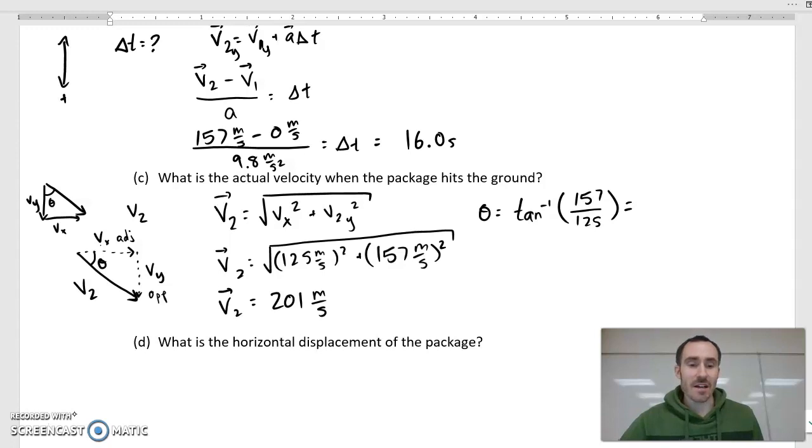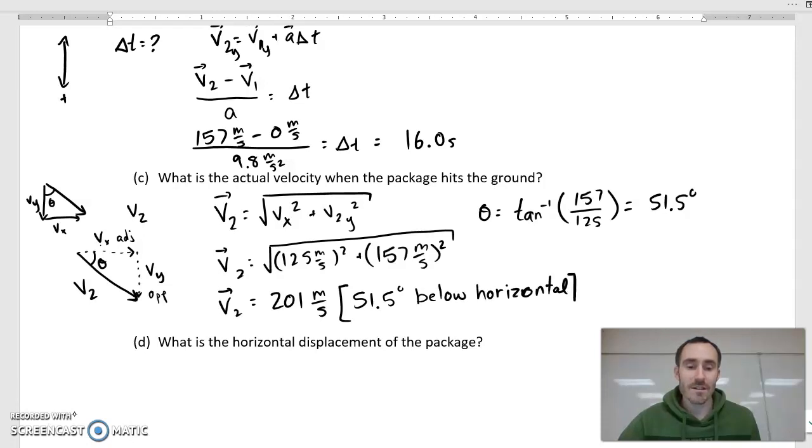And that gets me an angle of 51.5 degrees. And so my direction that I'm going to give here is 51.5 degrees below horizontal. And when I say below horizontal, everybody knows what I'm talking about, at least if you've heard that before. You don't have to figure out what does above vertical mean. That's really confusing sounding. So anyway, that's my vote.